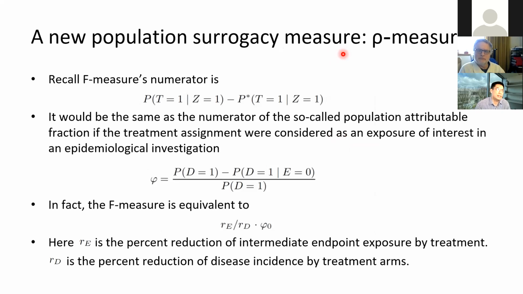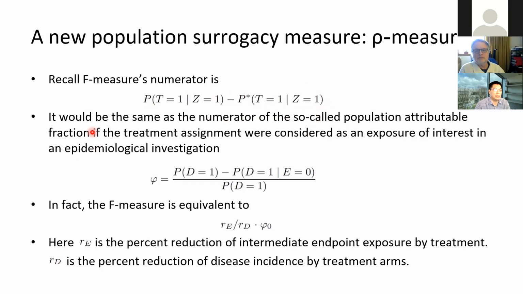And then the other thing is we want to understand what the F measure is really doing. If we recall, the numerator of the F measure is basically the difference between what we observed and what we expected, using the control arm as the reference group.